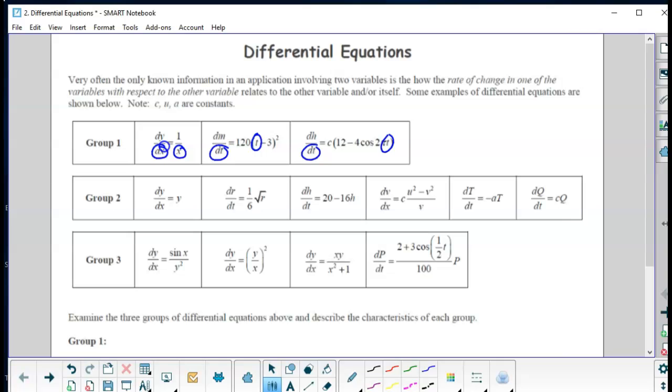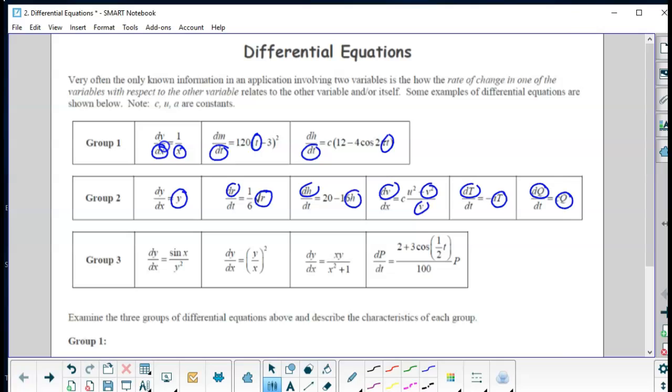Then the next group that we'll learn how to solve, the derivative is in terms of the dependent variable. So R, R, H, H, V, V, capital T, capital T, capital Q, capital Q.